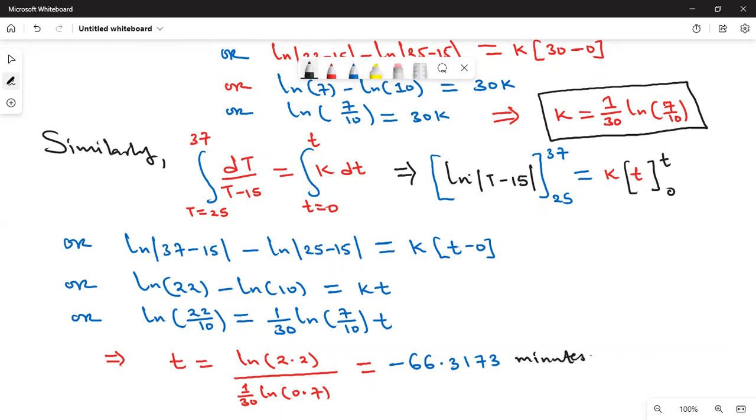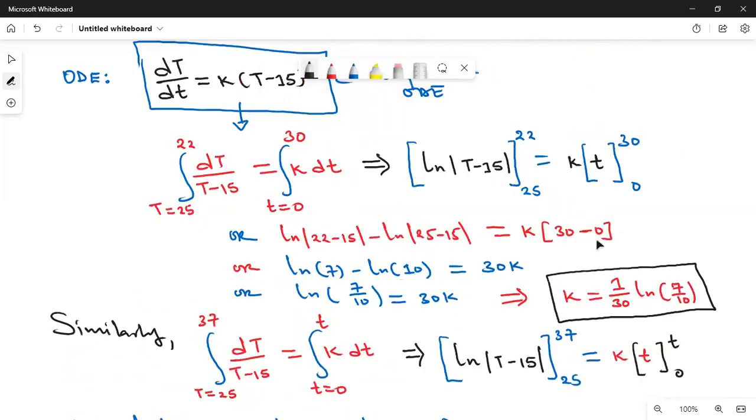Somebody might ask, can time be negative? That is the question that you might be asking yourself. Remember, we are going back to when the crime started, when the temperature was 37. So it is backward. When it is negative, it means you're going back. So let's go back to the table and predict at what time the crime was committed.